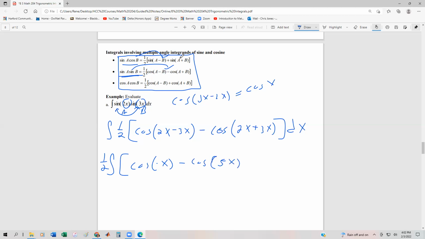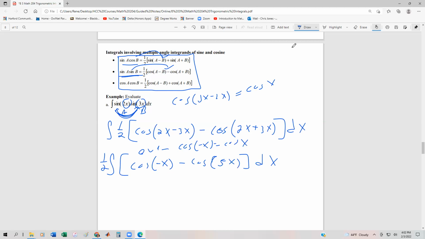So how come that's okay? Well, we have to remember that cosine is an even function, which means the cos of negative x is equal to cos of x. And that's why we're allowed to flip these around if we choose to.